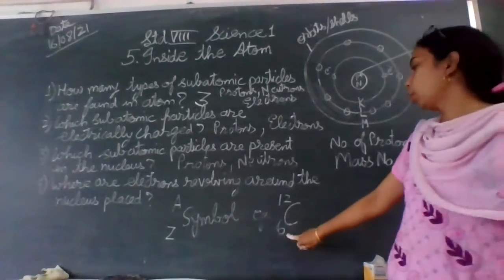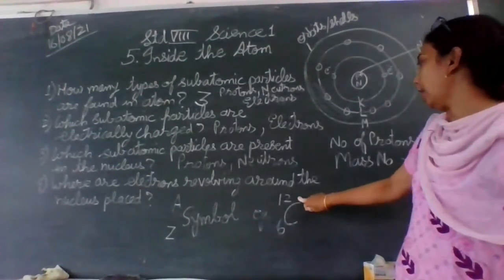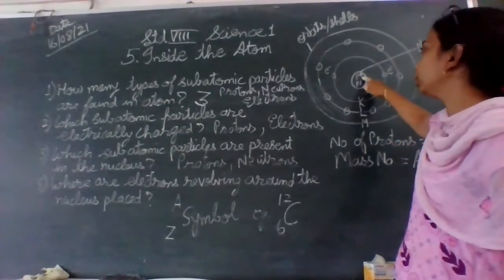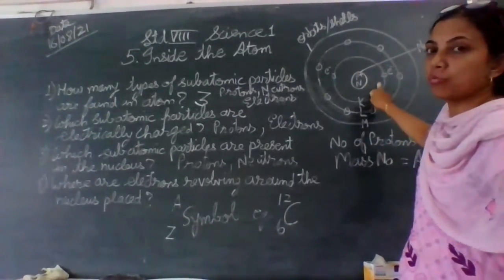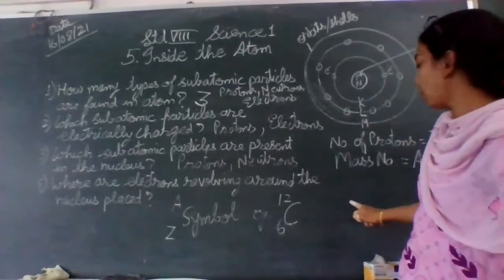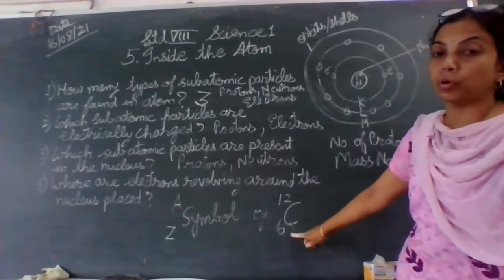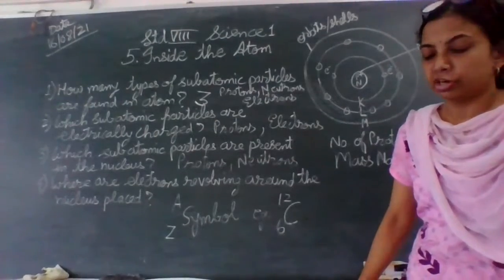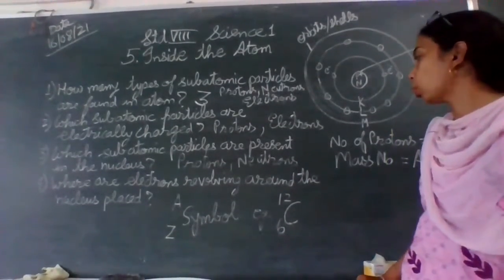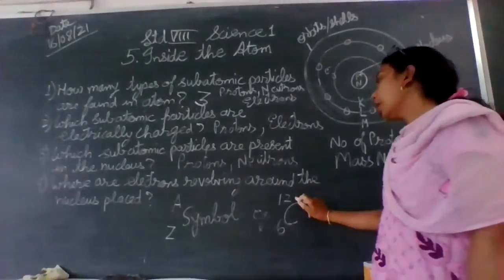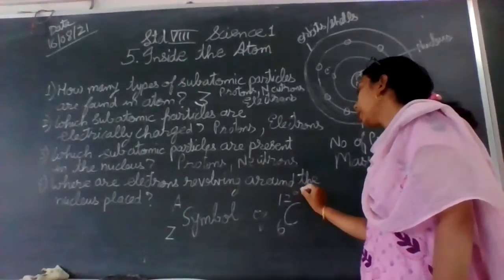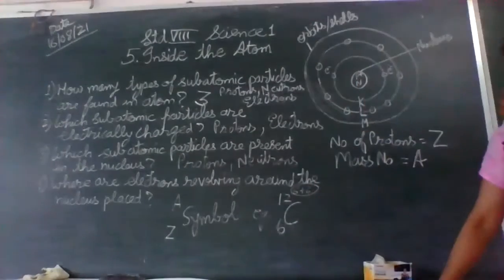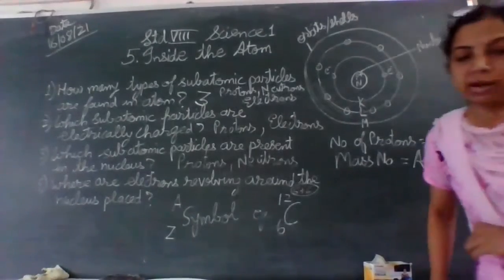Inside the atom we have only protons and neutrons, so when we subtract the number of protons from the atomic mass number, we get the number of neutrons, isn't it? So the number of neutrons is 6 because the atomic mass number is 12, that is 6 plus 6. Protons and neutrons came to be 12.